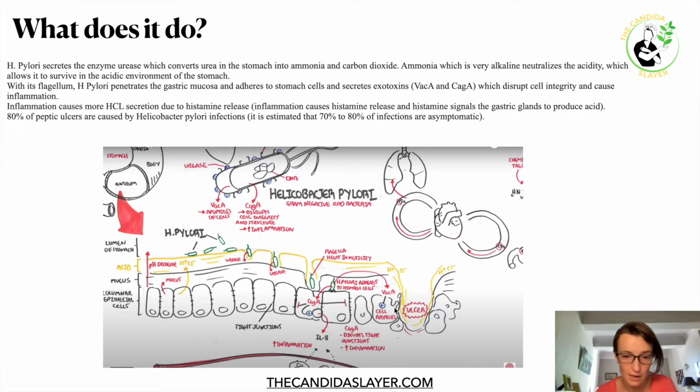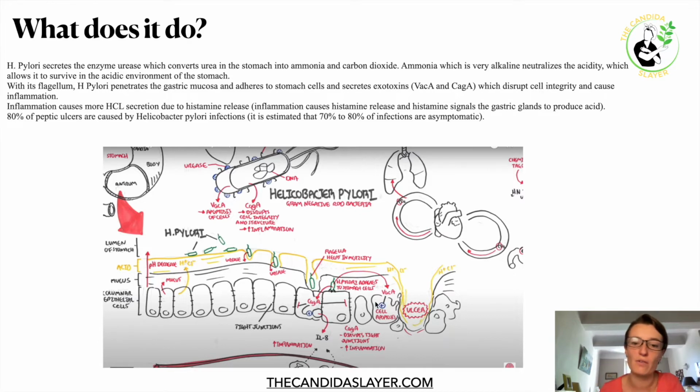Inflammation is when the cells are damaged, and it is the natural response of the body to try to repair the damaged cells. When you have inflammation anywhere in your body, you will have histamine because it always works together. Histamine is produced whenever there is inflammation, and histamine also signals the gastric glands to produce more acid.